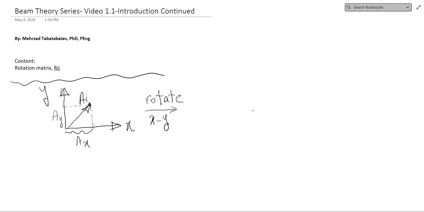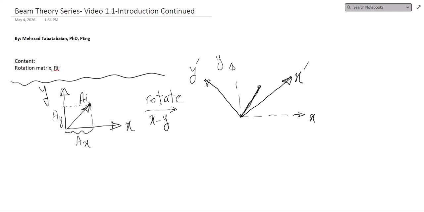So basically what I will do is, let's say this is my x, this is my y, and I rotate the xy coordinates to say x prime, y prime, while I am keeping my point, say A, or shall we say Ai, intact.